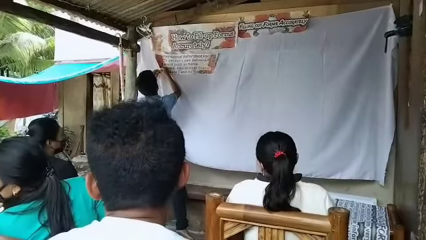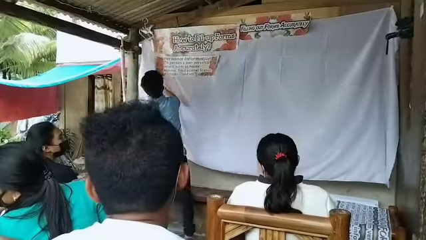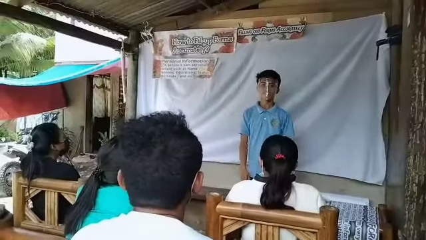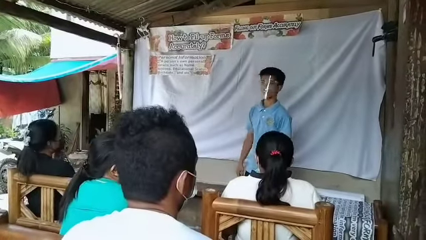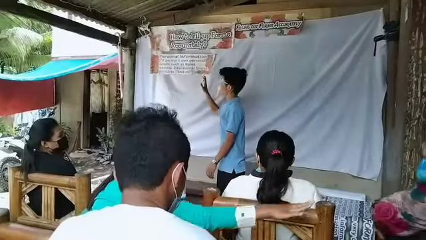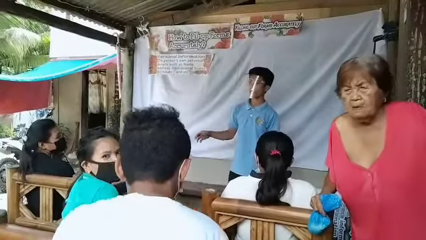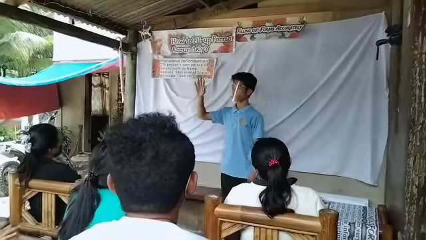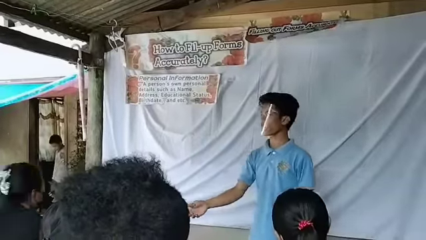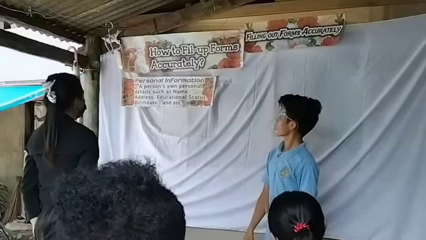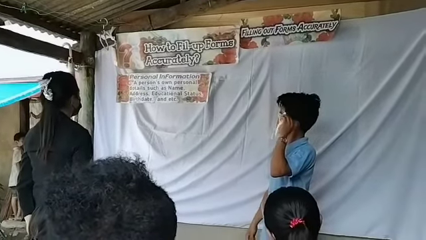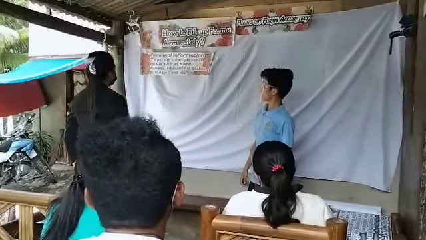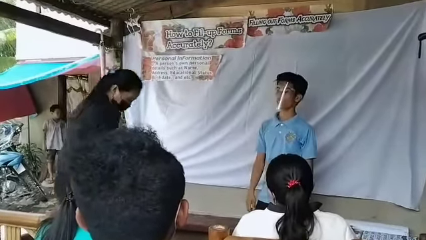Personal information. So what is personal information? Everybody read. Ronaldin, please read. Personal information: a person's own personal details such as name, address, educational status, birth date, and etc. Thank you.